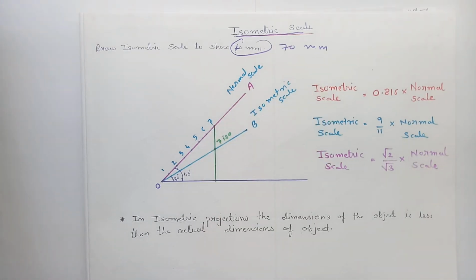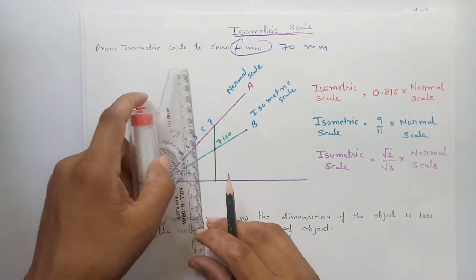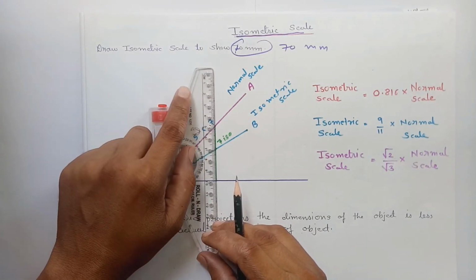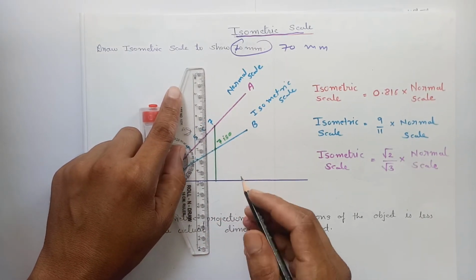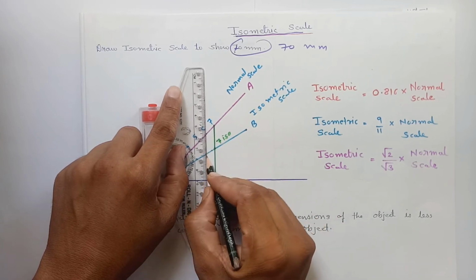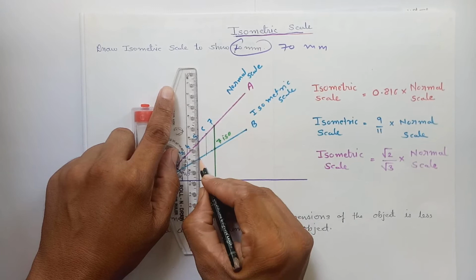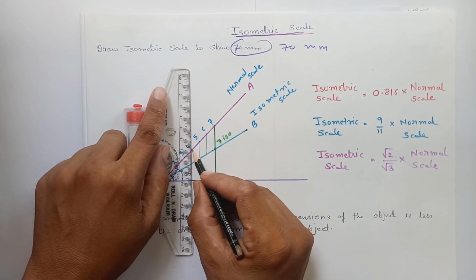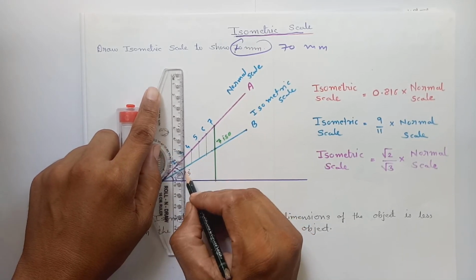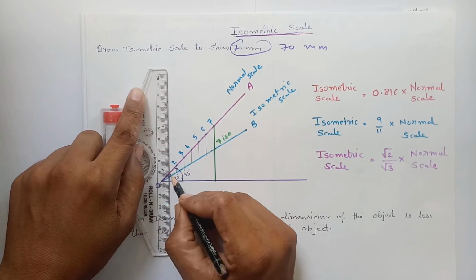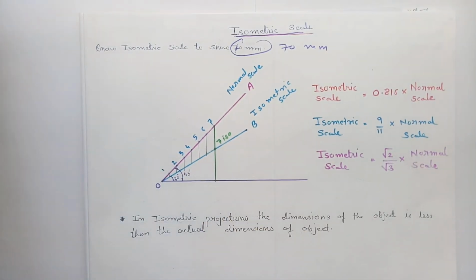So in this way we can draw the isometric scale. If we want to define the iso scale of 60 mm, draw a line parallel to this line from 6. So this length will be 60 mm iso, this length will be 50 mm iso, this 40 mm iso, 30 mm iso, 20 mm iso, 10 mm iso. Likewise we can draw the isometric scale.